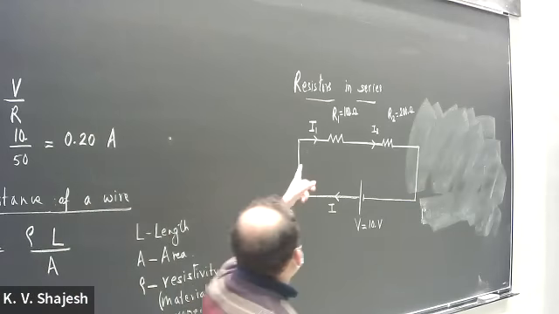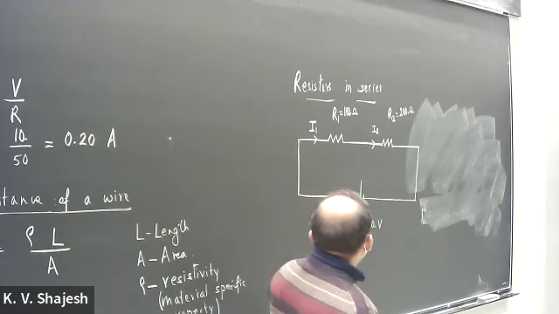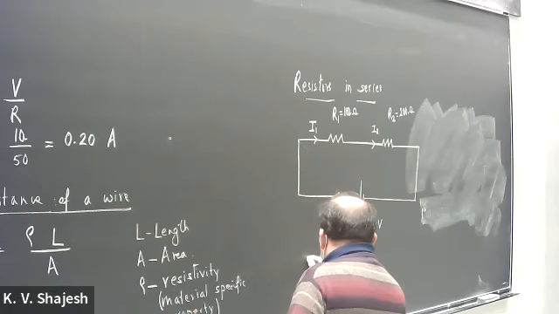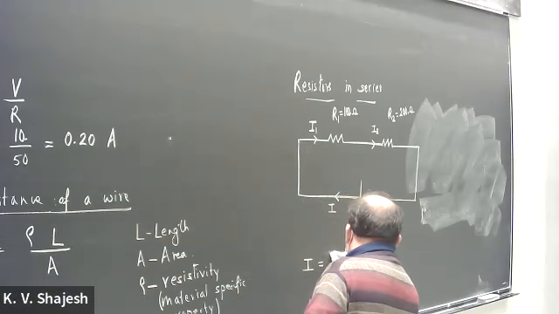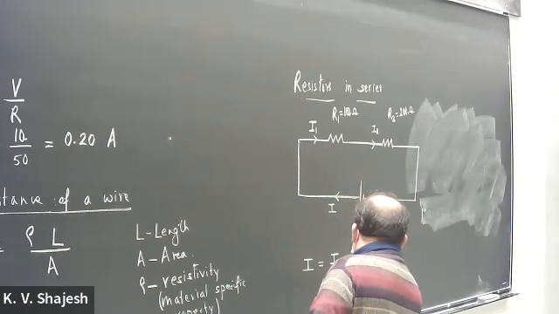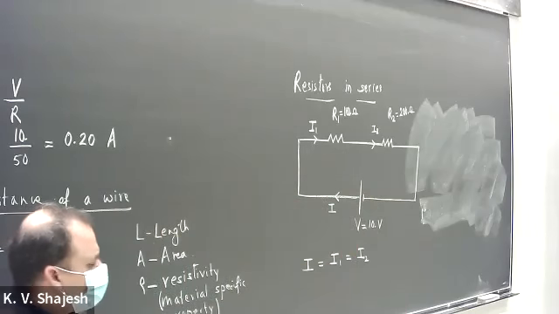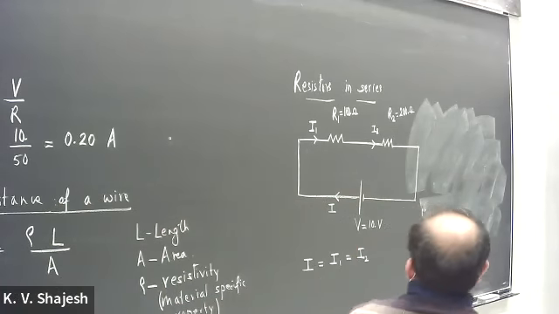So that's the idea here. That's I, the current that is pulled out of this battery, it has to be equal to I1 and I2. So the currents remain the same in both the resistances. And that's a statement of conservation of charge, if you want, that the charges are not created or destroyed. So that's a concept there.